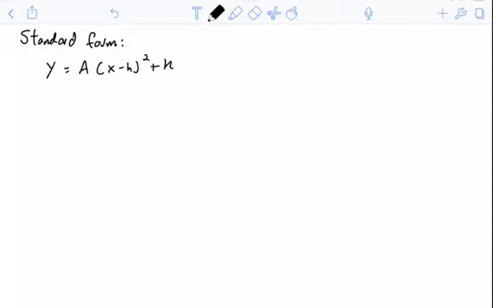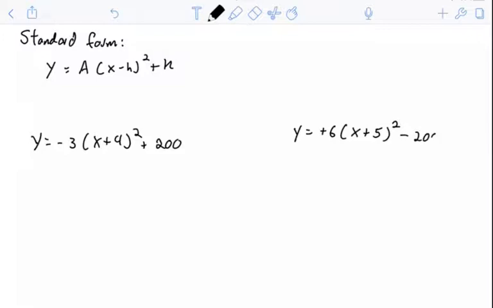All right, I'm going to write out two standard form expressions so we can use these to argue. y is equal to minus 3, (x minus something) all squared plus 200, and y is equal to plus 6, (x plus 5) all squared minus 200. There we go. Both of these are in standard form.